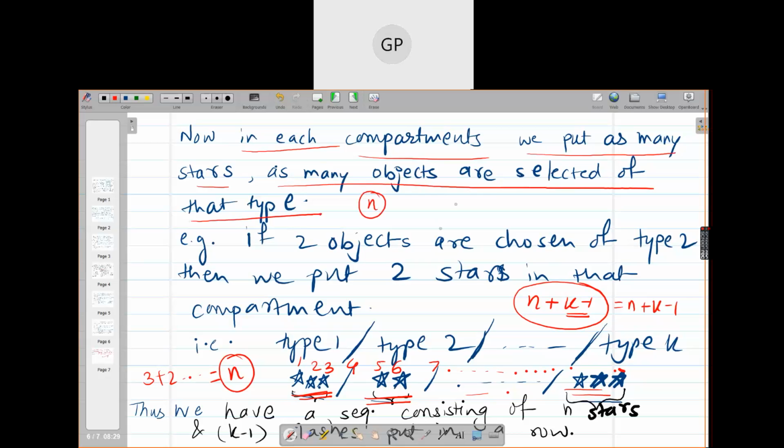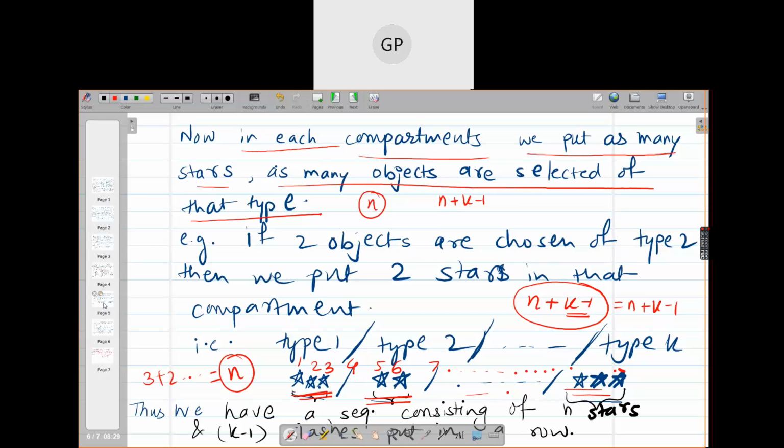So how many places are available? n plus k minus 1. And how many places am I going to choose to put the stars? Out of these places, how many places am I going to choose? If you are not getting what I am saying, please ask me. Are you getting what I am saying? Yes or no?